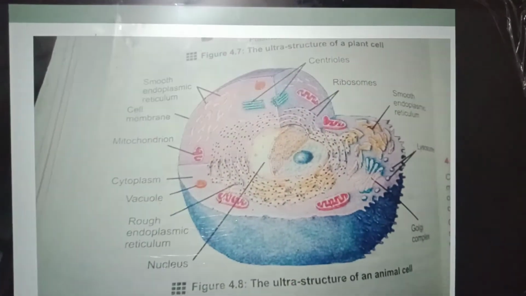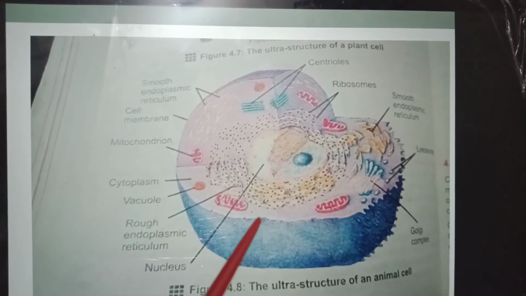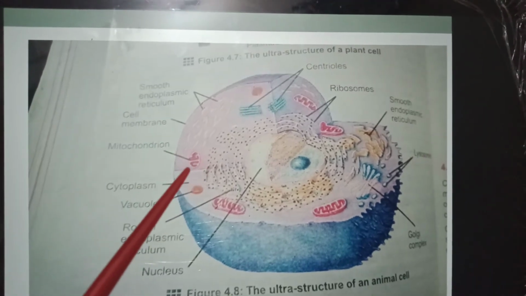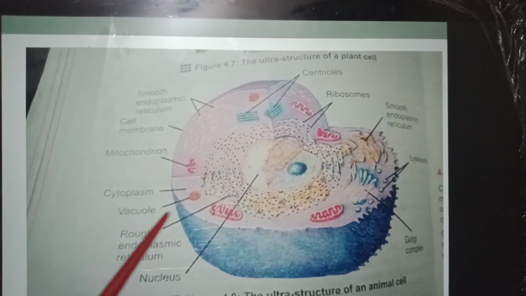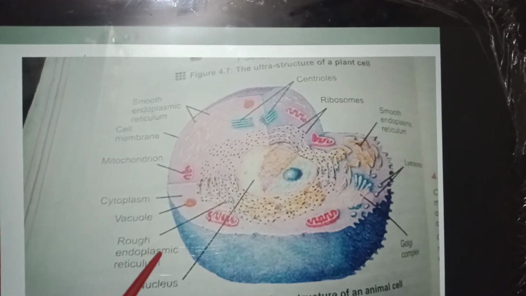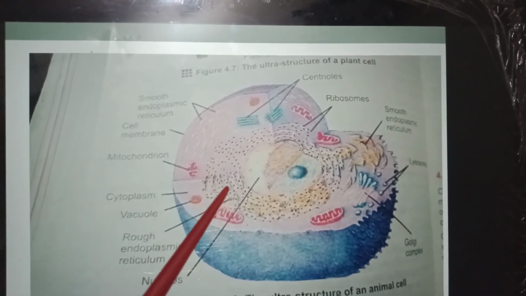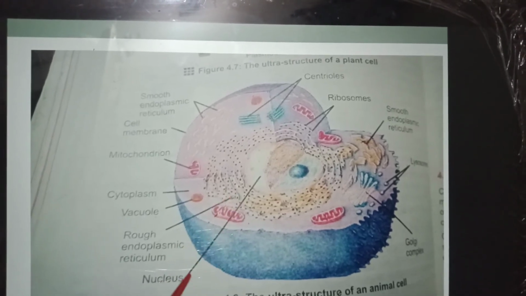Next is the ultrastructure of an animal cell. Here the cell wall is absent and here is the cell membrane. This is mitochondria, smooth endoplasmic reticulum. This one is cytoplasm, vacuole, and rough endoplasmic reticulum, because ribosomes are attached on these.